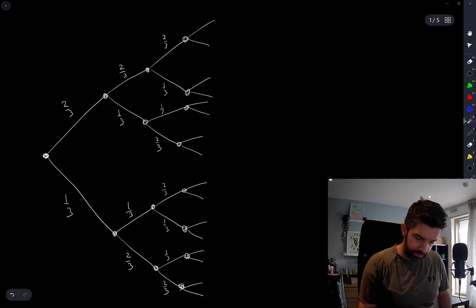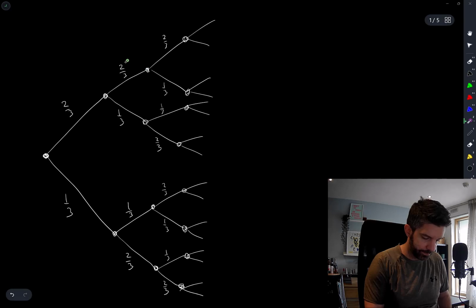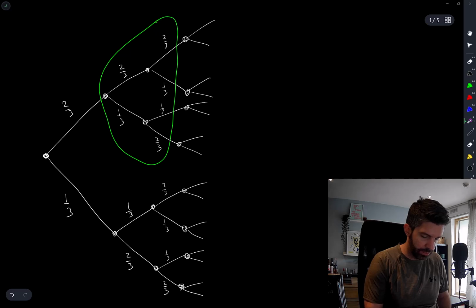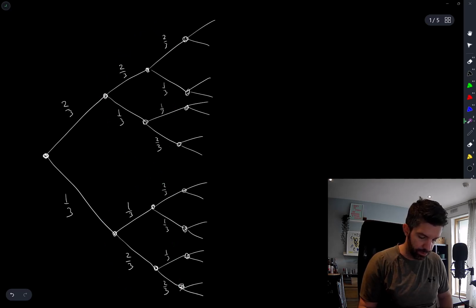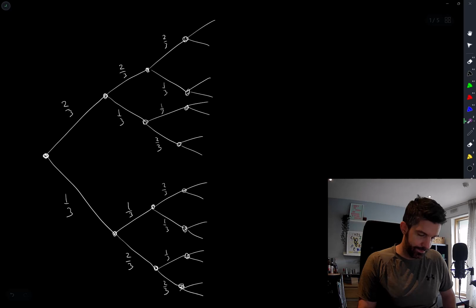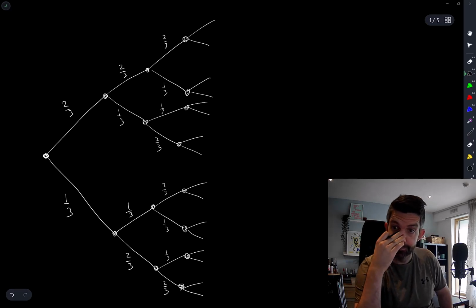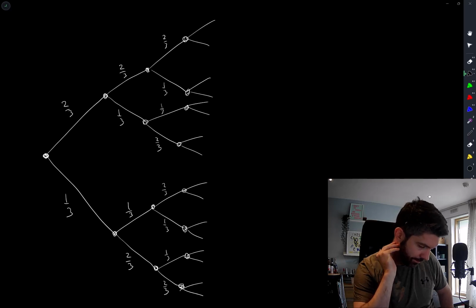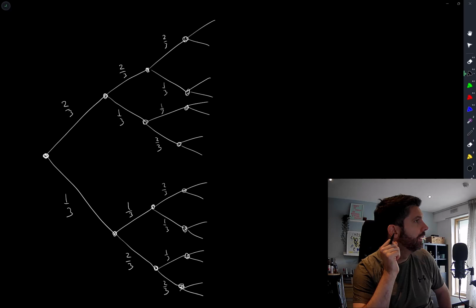So you can see there is a pattern here. The way that these probabilities are arranged is the same as the way these probabilities are arranged, and the same as these. So each set of things in a tree like this is the same. And so I think maybe there's a recursion that we can write down.